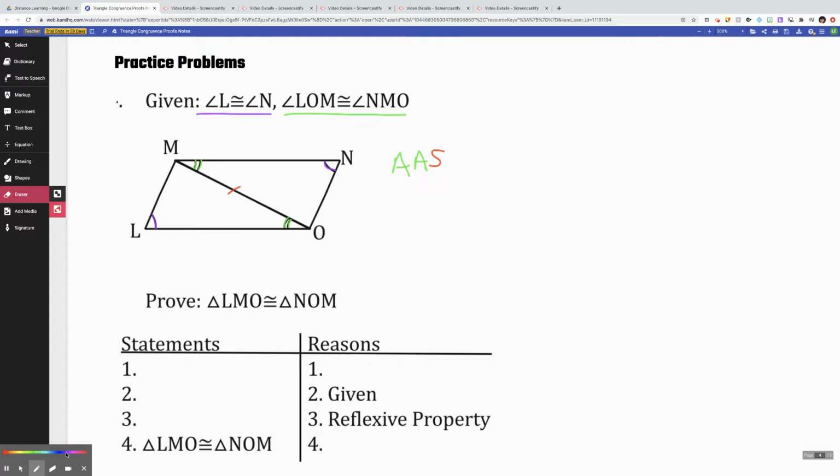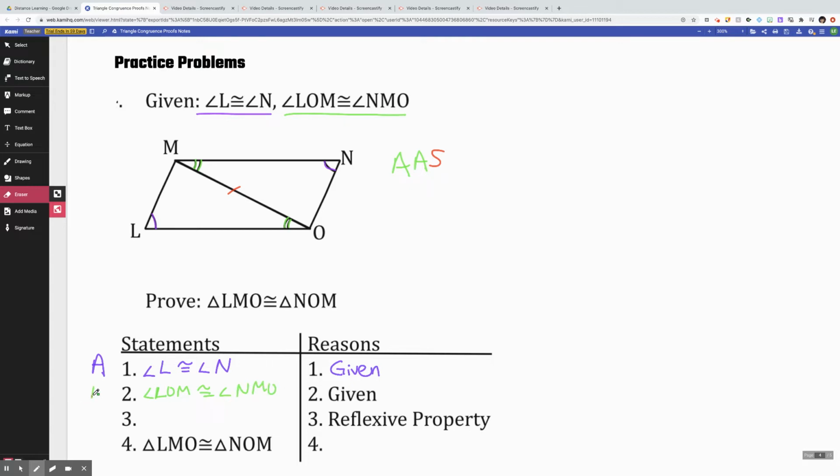So I have angle L is congruent to angle N. And the reason for that is given to me. That is some given information, right? And that's my first angle that I have right there. Second piece of given information was angle LOM is congruent to angle NMO, right?